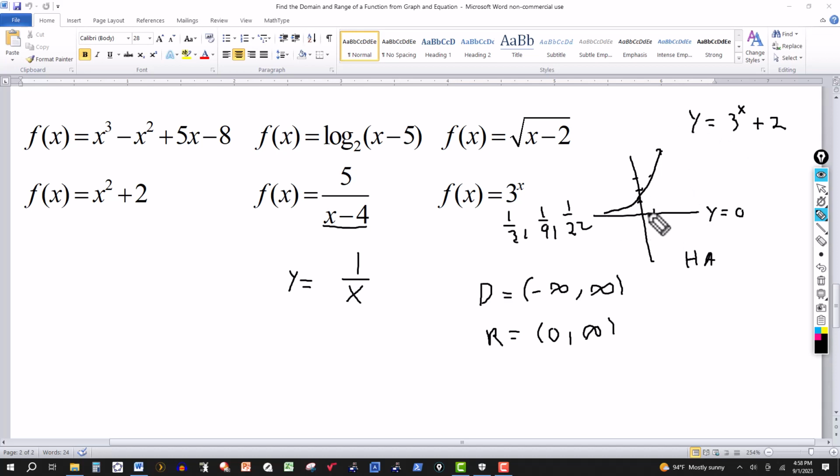So instead of having the asymptote at y equals 0, I'm going to have it at y equals 2. So the domain is still going to be negative infinity to infinity, but the range will go from 2 to infinity. Same thing if you had 3 to the x plus say 5. So learn the basic one, and then know what happens when you add something. Shift the graph up. A negative, of course, we shift it down.